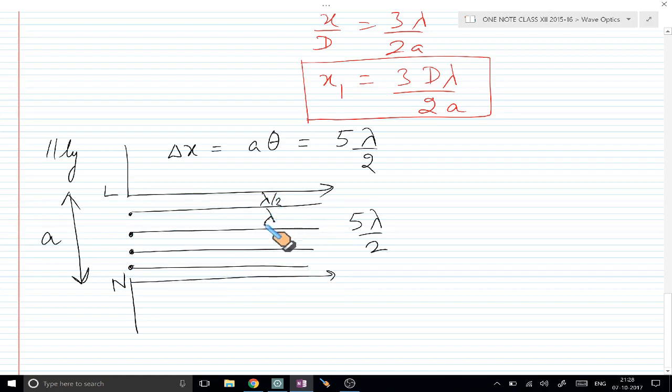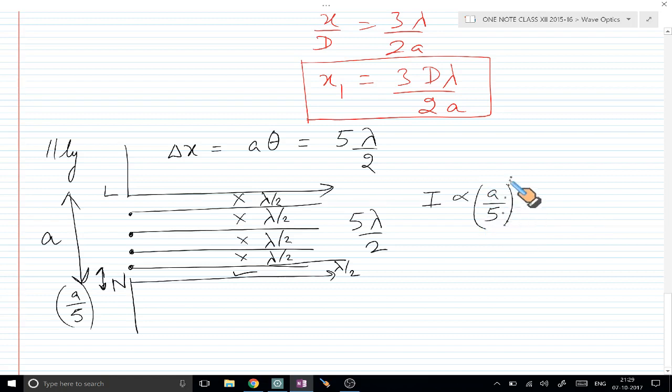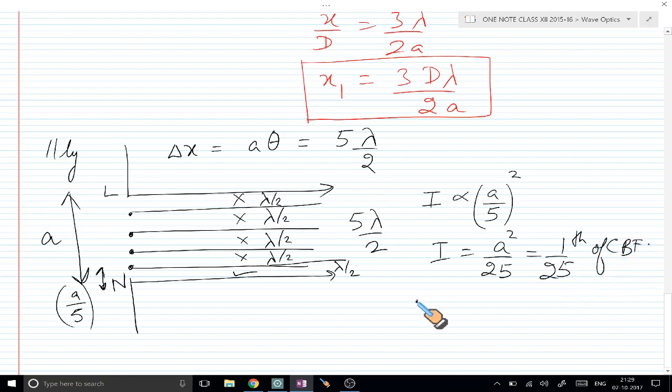They have a path difference of lambda by 2 each, 5 times lambda by 2. All these cancel each other except the last one. Therefore the last one, whose width is a by 5, sends light to the point P, and the intensity at point P is proportional to a by 5 ka whole square, that is approximately a square by 25, that is 1/25 of the central bright fringe.